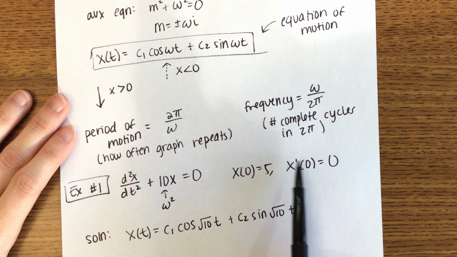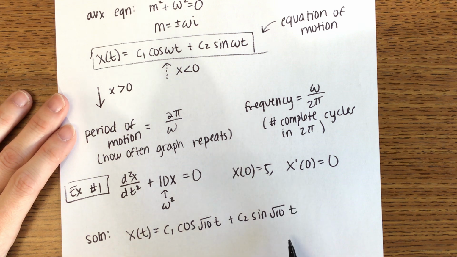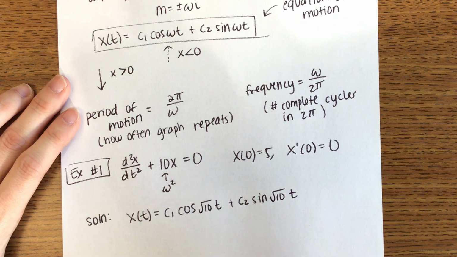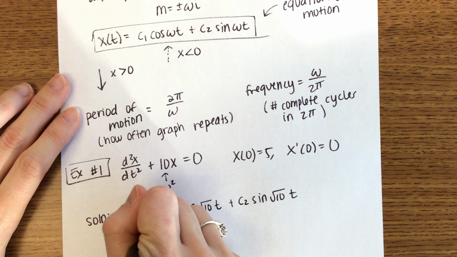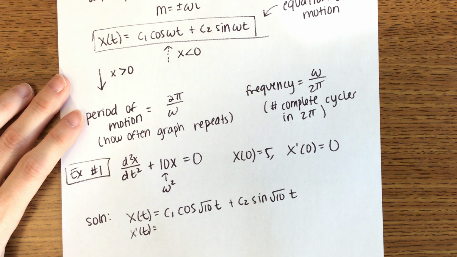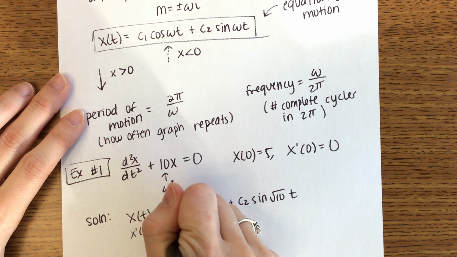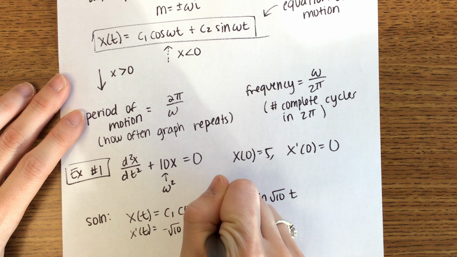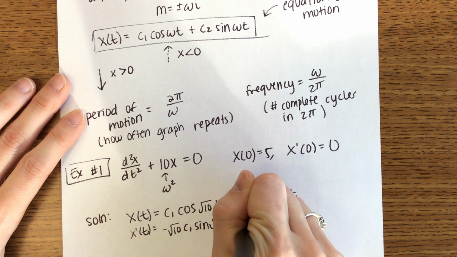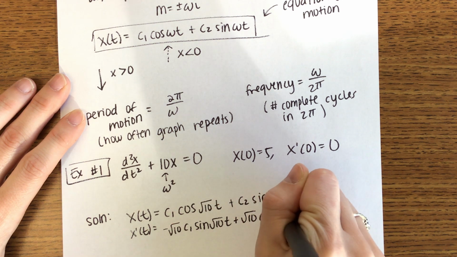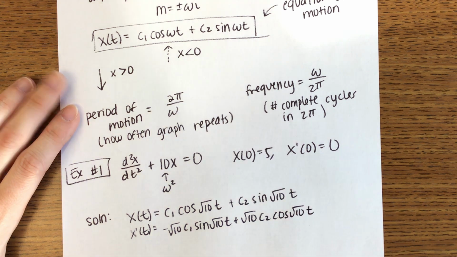We have 2 initial conditions. One of them is going to need the derivative, so I'm going to take the derivative of this before I start solving for c1 and c2. X prime of t will be negative root 10 c1 sine of root 10t plus root 10 c2 cosine of root 10t.